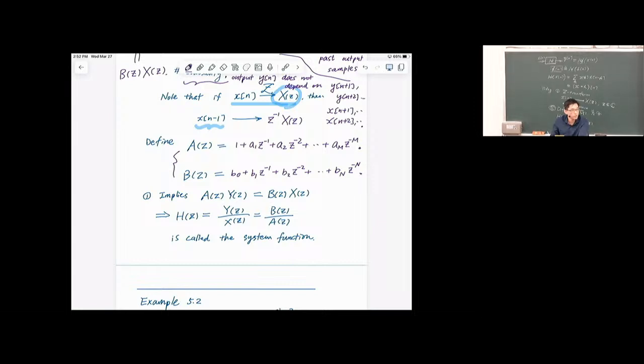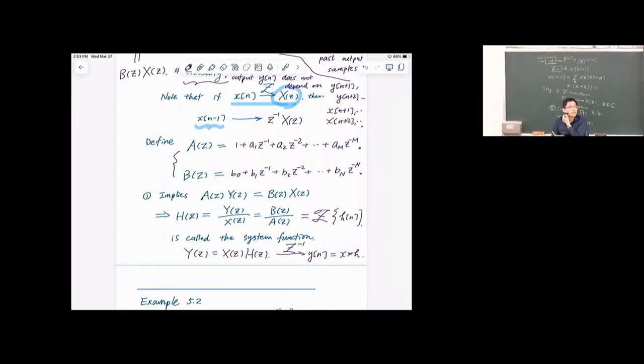Big H is the Z transform of small h, which is our impulse response. Why? Because when we define H like that, then Y of Z equals X times H in the Z domain, right? So after inverse Z transform, we have y of n equals the convolution.